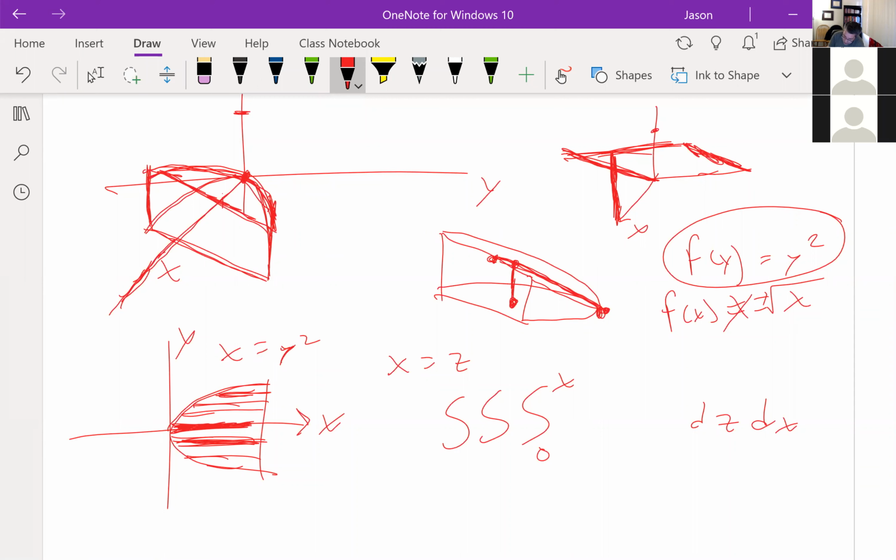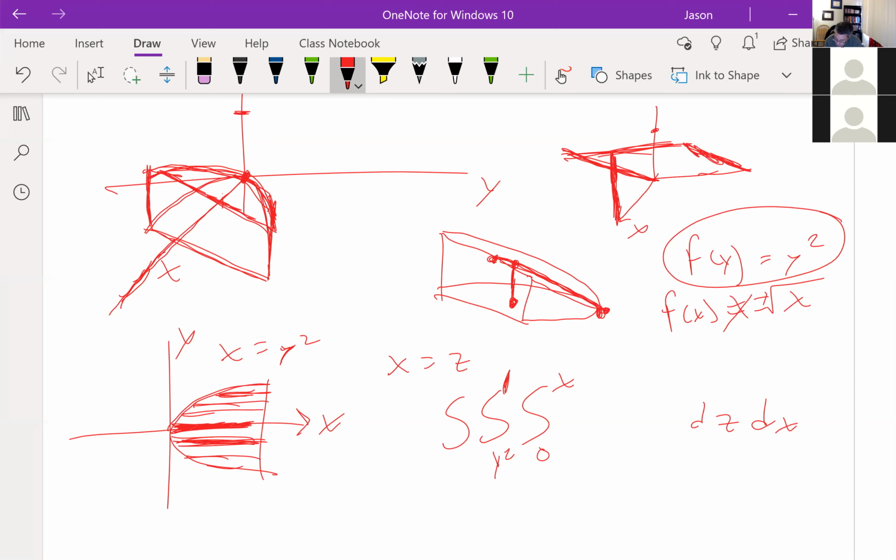So 0 to x, that's the z's. Then what are the x's going to go from? The x's are going to go from y squared to 1, because x equals 1 is the top there.